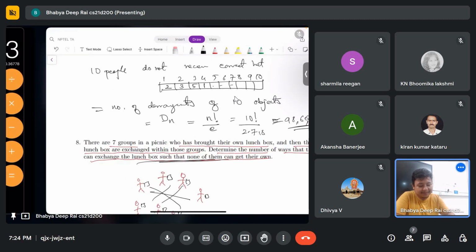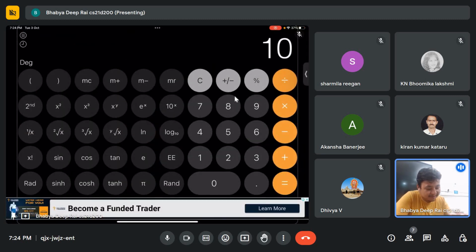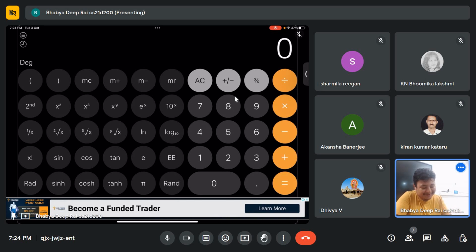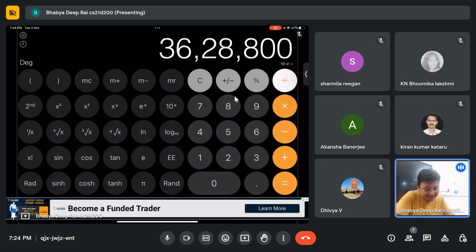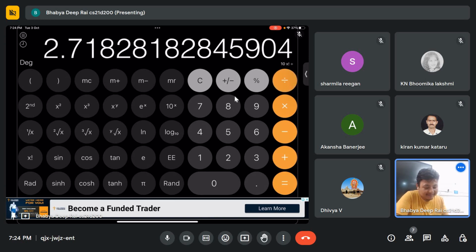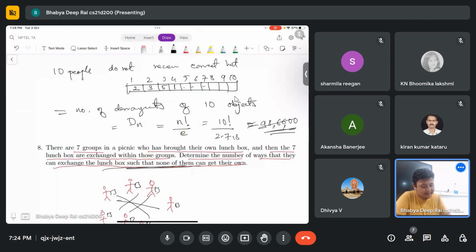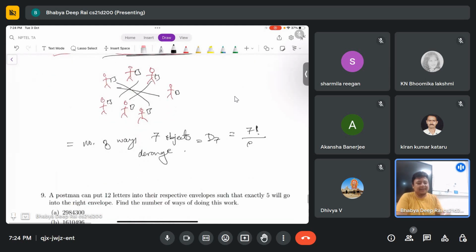Okay, sorry, in the previous one I made a mistake. 10 factorial divided by E equals some 1334. Anyway, here we have 7 factorial divided by E.